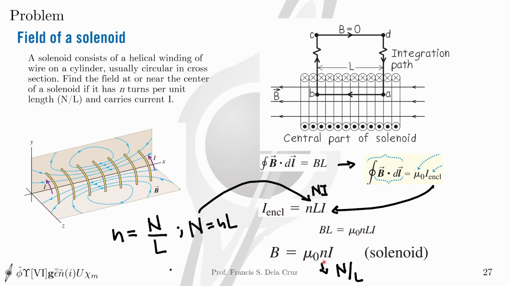That will give you mu naught nI, which is the same answer as in our earlier discussion on the solenoid, mu naught capital N over small l times I, which is also equal to mu naught n, small n for the turn density, times the current. So Ampere's circuit law completely simplified the calculation of the magnetic field of the solenoid.